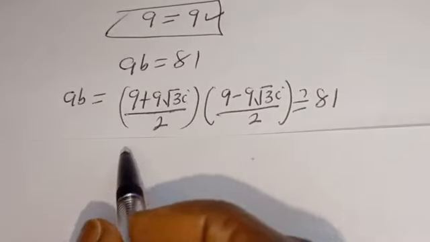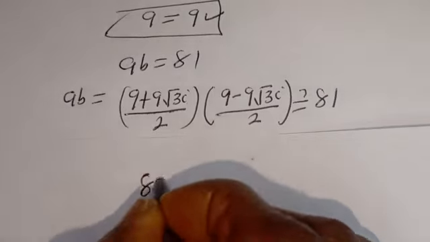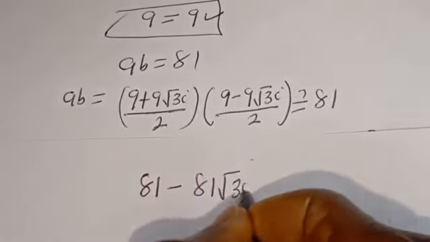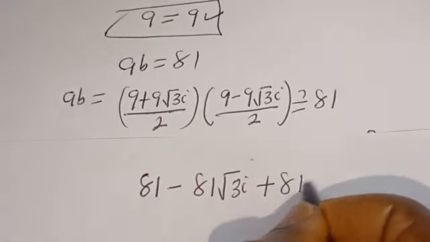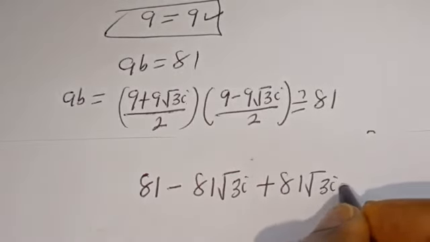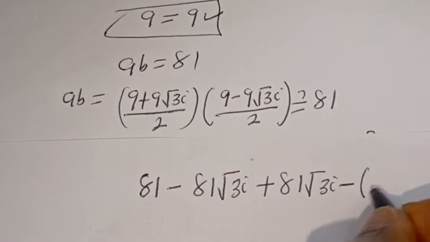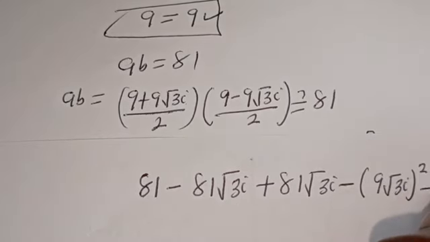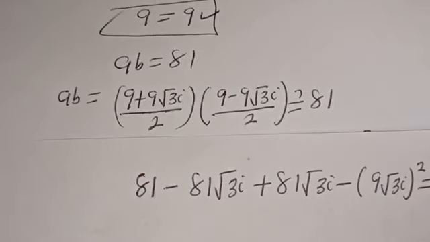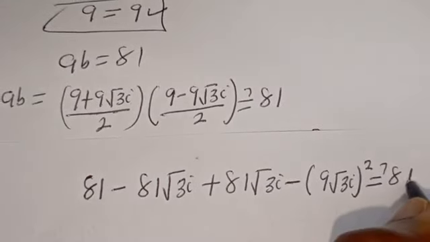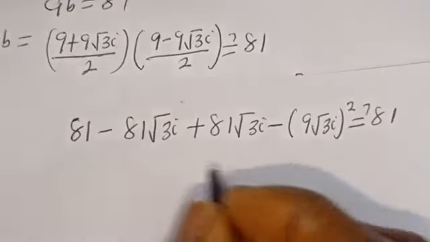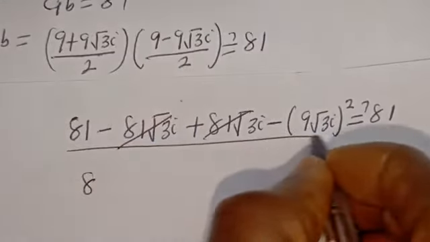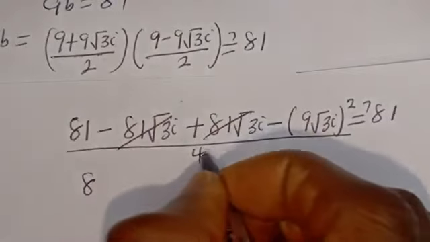Then here, we have 9 times 9, this is 81, minus 81 root 3 i plus 81 root 3 i minus bracket 9 root 3 i square, must be equal to 81. Now this will cancel this. Everything divided by 2 multiplied by 2, that is 4.